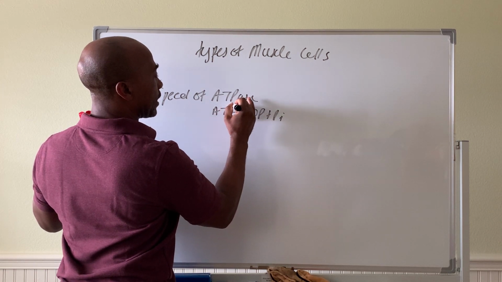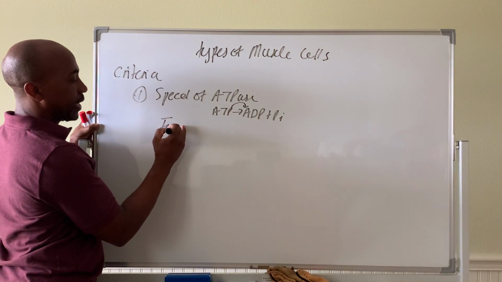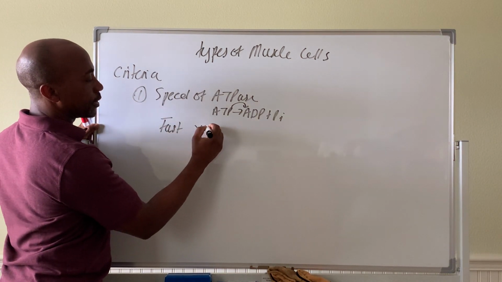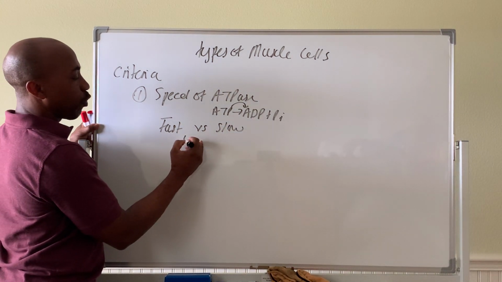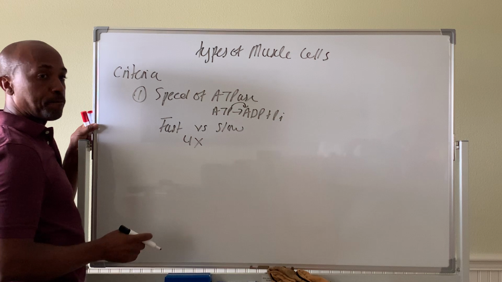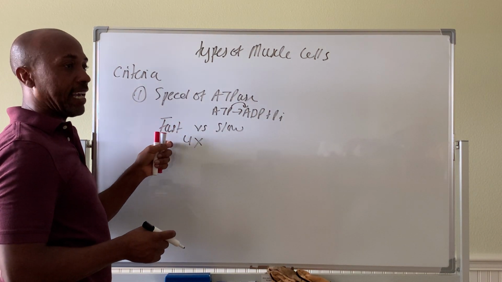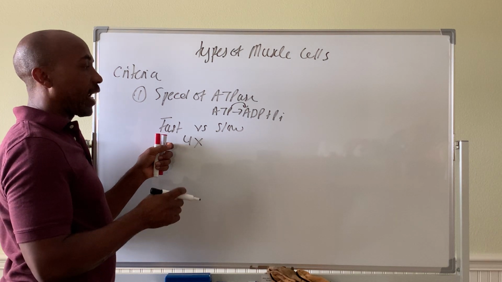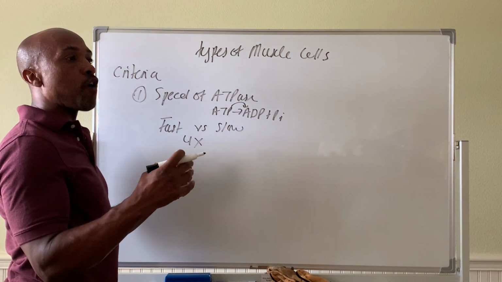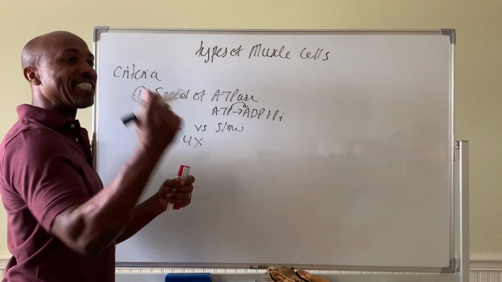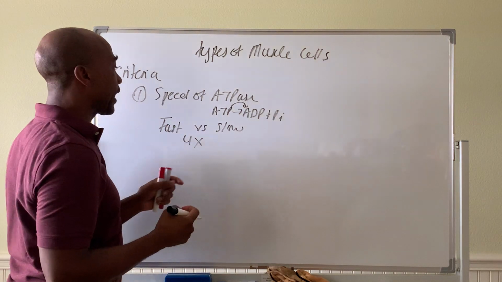So this enzyme speed can be a fast ATPase versus a slow ATPase. And the fast one can be 4 times as fast as a slow one. So basically the idea is if your cells have a fast ATPase that can quickly make this reactant, then they can more quickly form a cross bridge and cycle faster. So fast ATPase means faster cycling, quicker cycling.